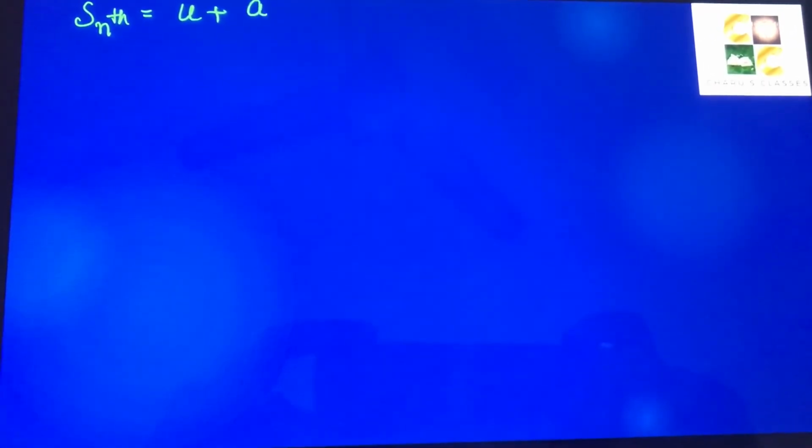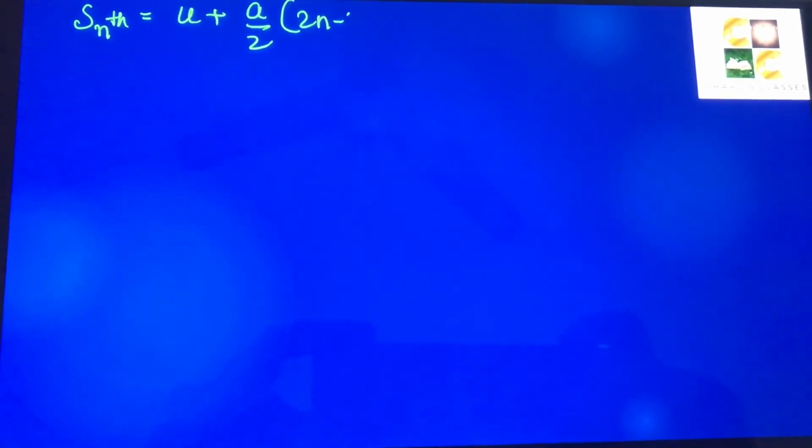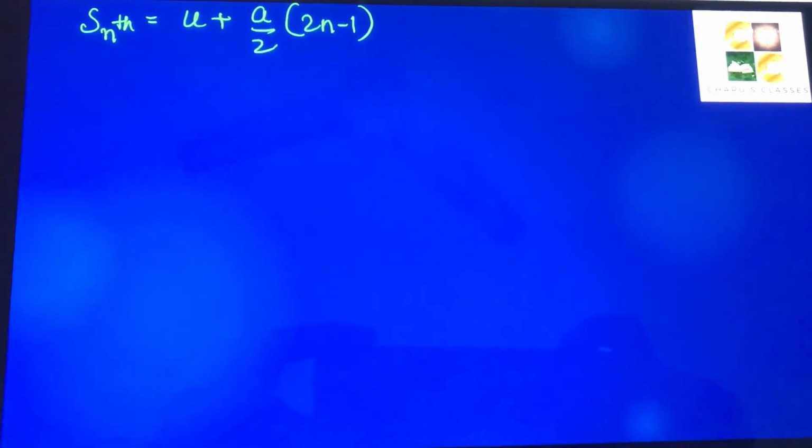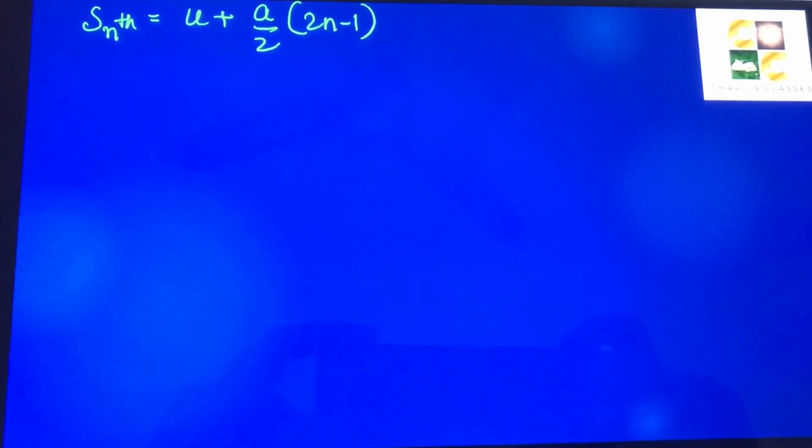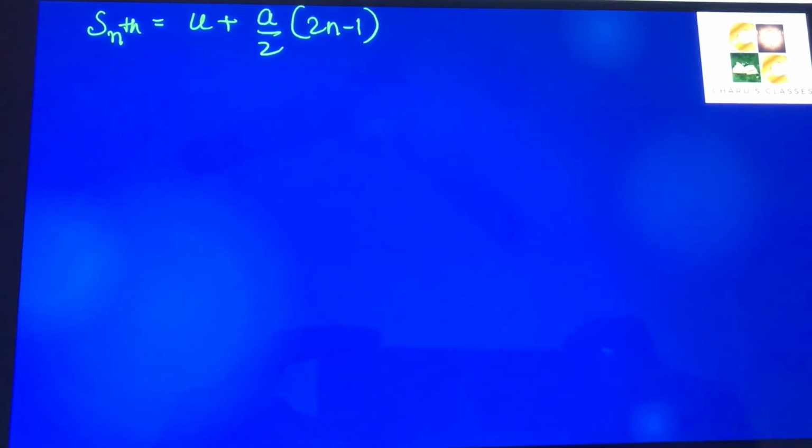The fourth equation of motion is s nth is equal to u plus a by 2 into 2n minus 1. Basically, here we are finding out the displacement which happened in the nth second.